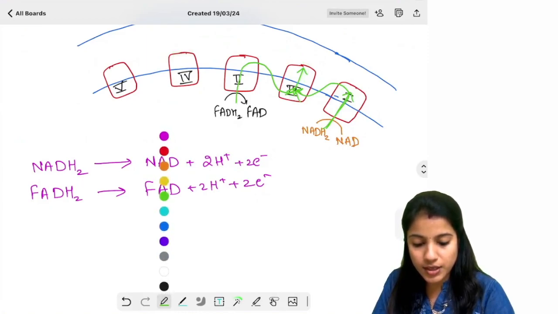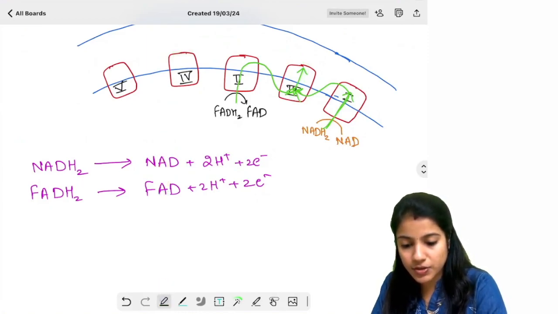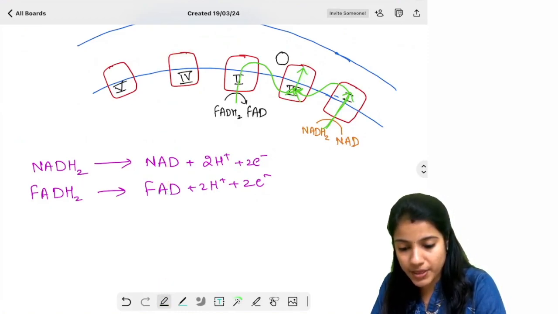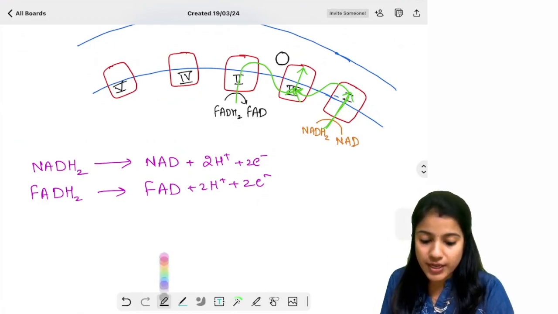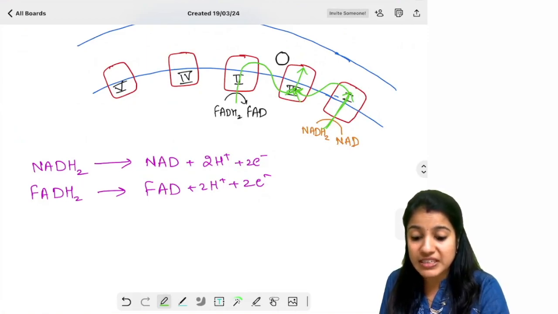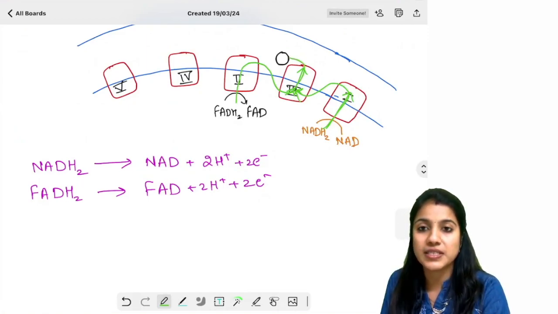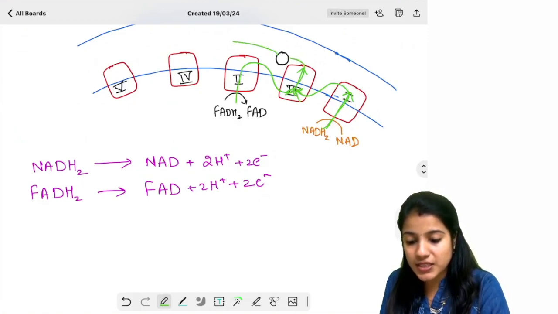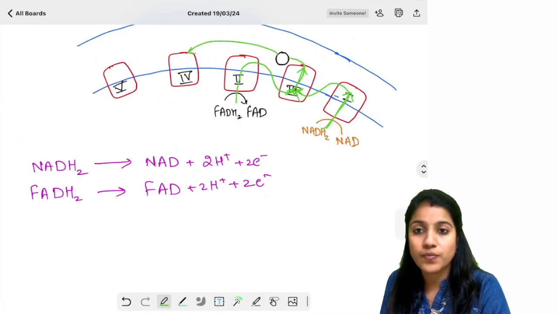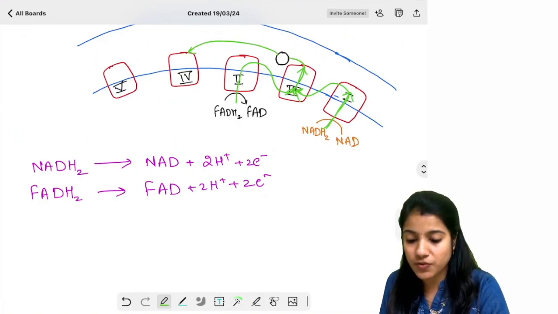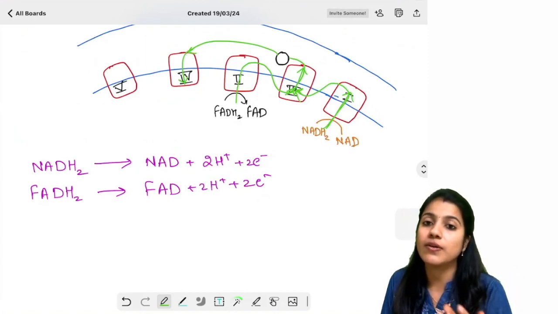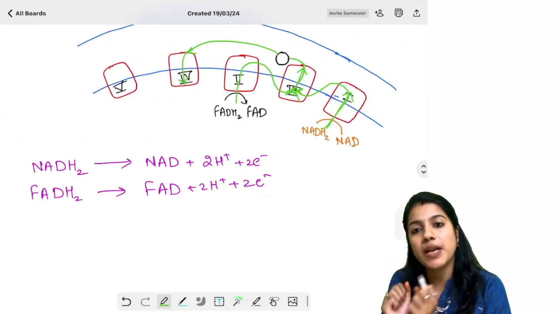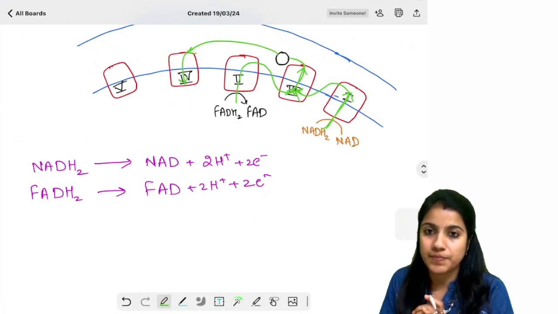Here, near to this complex 2, a mobile element is situated, which will accept, or you can say receive, the electron from complex 3 and will take this electron near to complex 4. Now as I told you, complex 4 is associated with electron transporters, right? Electron carriers. So it will accept electrons from complex 3.